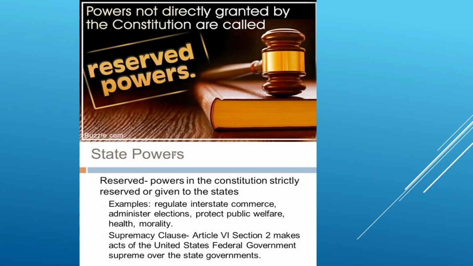Now, there's something also known as reserved powers. Powers that are not directly granted by the Constitution are called reserved powers, and those reserved powers are reserved for the states.